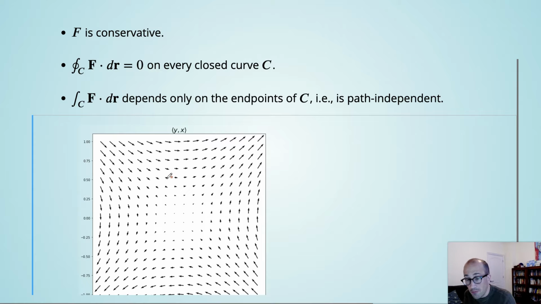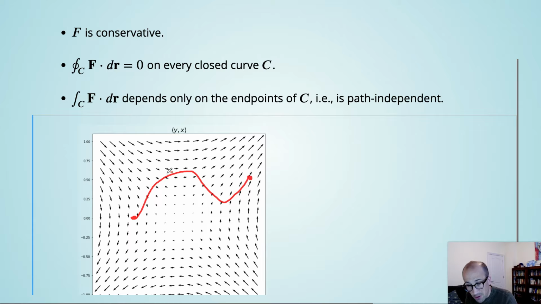Okay, but the next line says that any line integral depends only on the endpoints. So if I already know that f is conservative, it depends only on the endpoints. Well, from conservative to there is pretty clear, for the same reason. If I take a curve here and I come over to here and I stop, all I need to measure is the change in potential between these two.